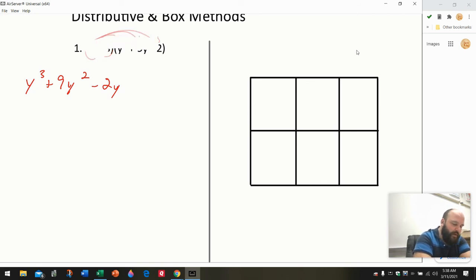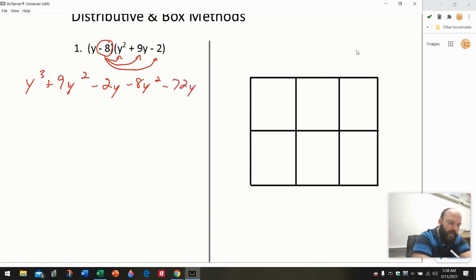Keep in mind that when you distribute numbers, the sign that comes before the number goes with the number. So that negative 8 distributes to all 3 terms there. So we have negative 8 times y squared, which is negative 8y squared. We have negative 8 times 9y, which is negative 72y. And then we have negative 8 times negative 2, which is positive 16.